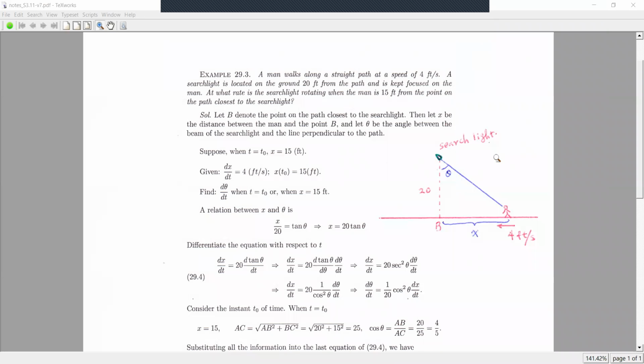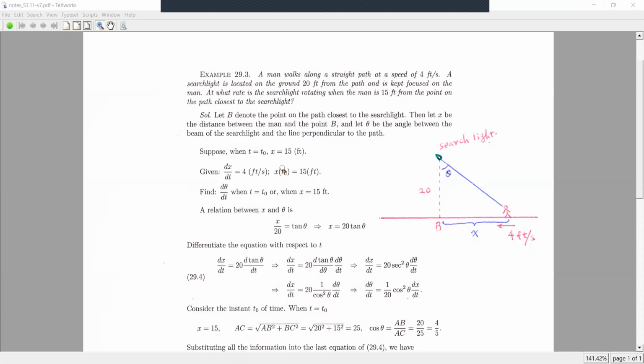Initially, when time is 0, the man may be far from point B. Because the man is walking towards point B, there must be some instant at which the man is 15 feet from point B. Let me denote the instant by t0.